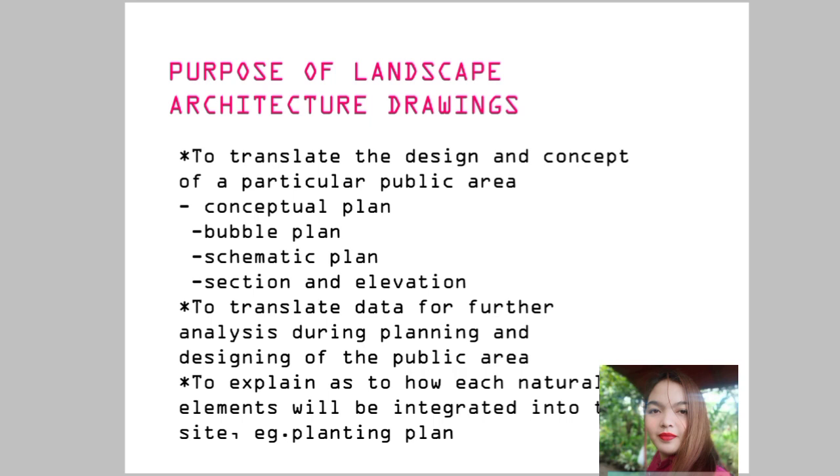For example, your planting plan, because you actually need to plant trees. And what type of trees are you going to plant? Is it fruit trees or hardwood trees or palms? It is based on your layouts, your drawings. That's why we come up with our legends.